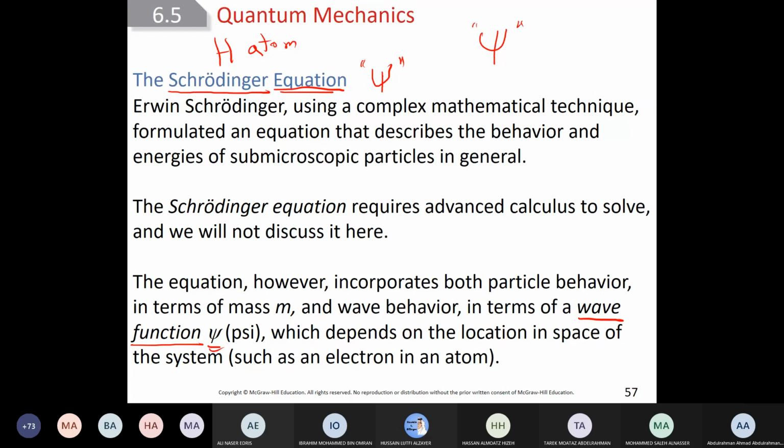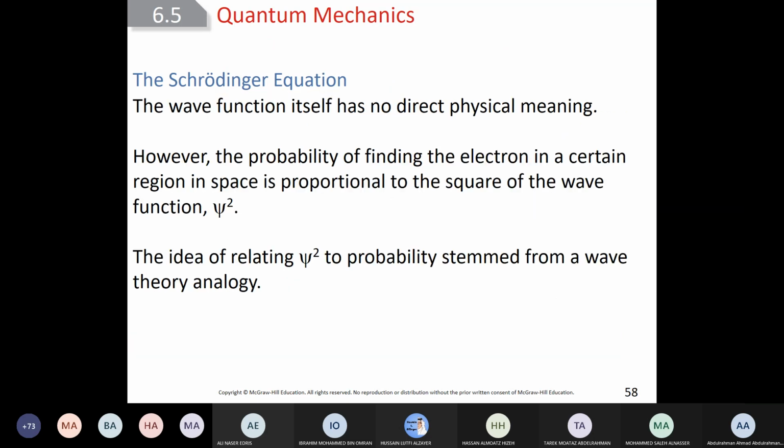How do you pronounce this letter? Psi, you don't pronounce the P. So psi is the wave function of the Schrödinger equation. Is this clear? Okay, now another important thing about the Schrödinger equation, what's this?